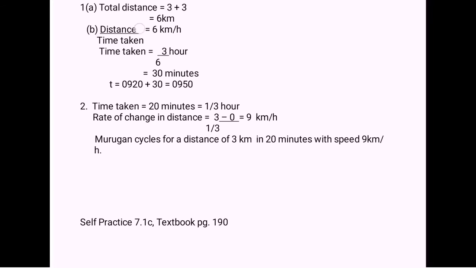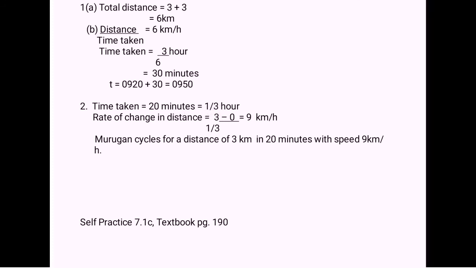So time taken equals 3 over 6, so we have 30 minutes here. 0920 plus 30 minutes in the 24-hour system gives the answer 0950. Number 2. Time taken equals 20 minutes, which equals 1 over 3 hours.